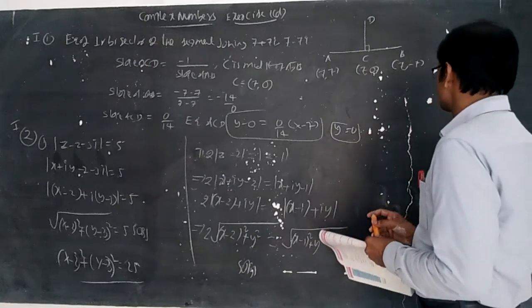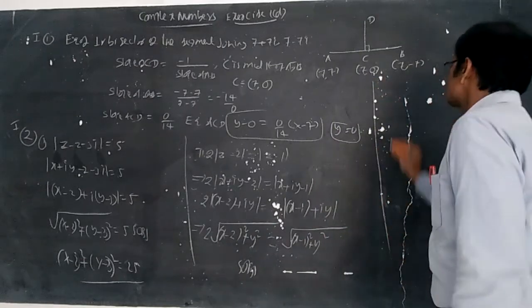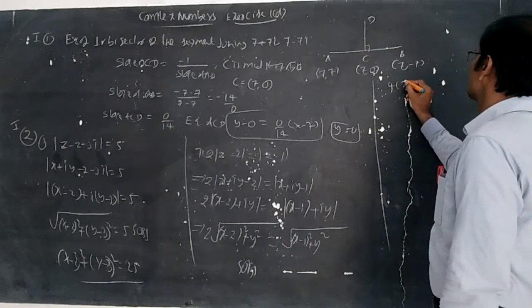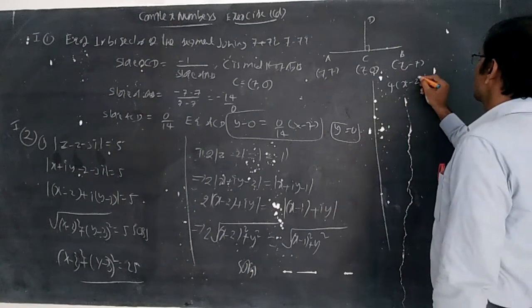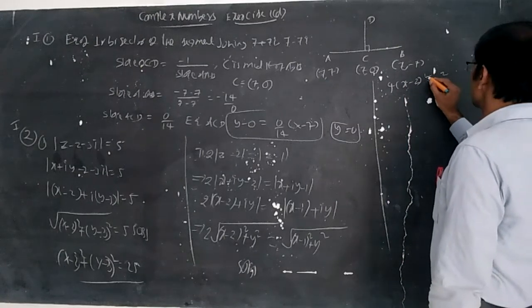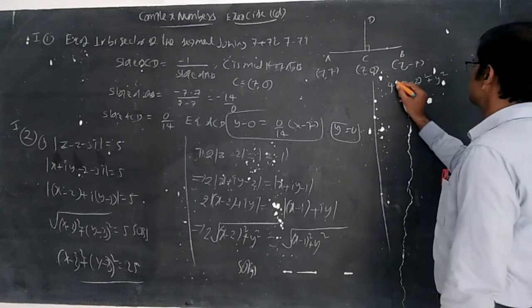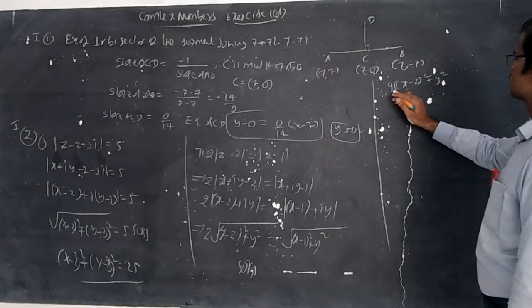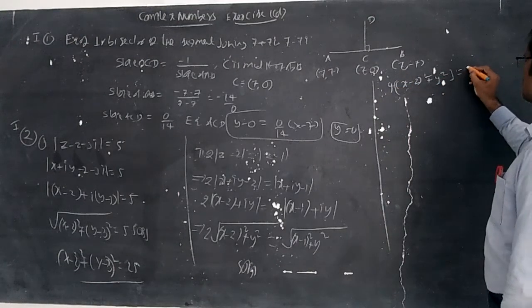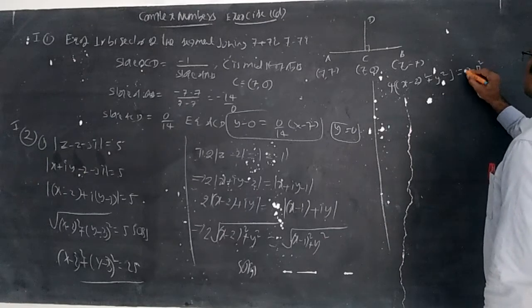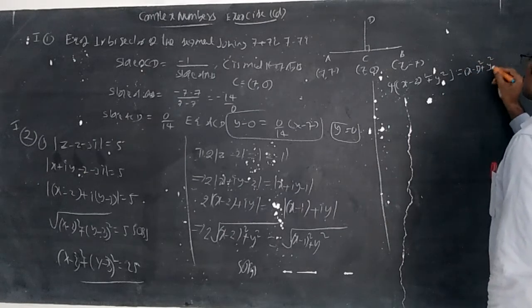Squaring both sides, you get 4 into (x minus 2) whole square plus y square is equal to (x minus 1) whole square plus y square.